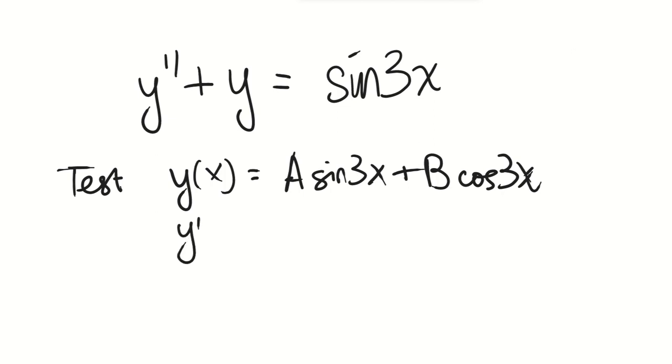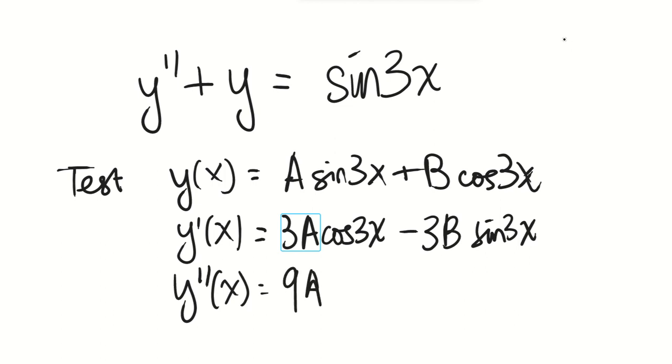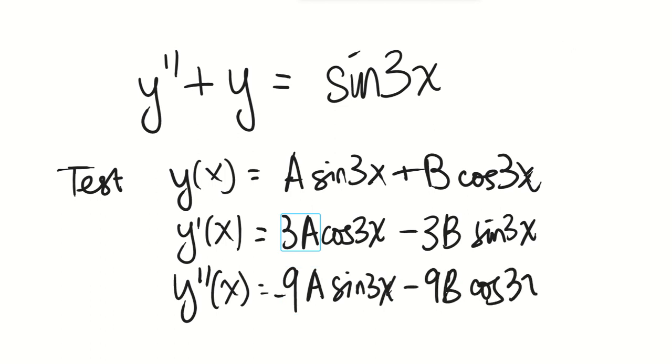So y' would be 3a cos 3x minus 3b sine 3x. y'' would be negative 9a sine 3x minus 9b cos 3x.